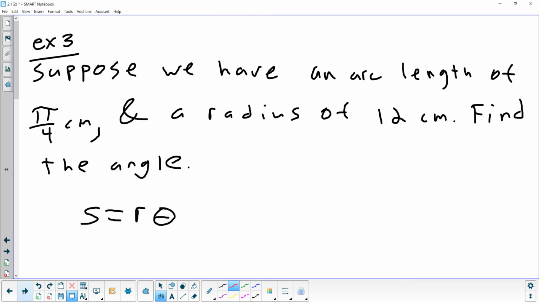All right, let's take a look at this one. So this one says we have an arc length of pi over 4 centimeters and a radius of 12 centimeters. Find the angle.